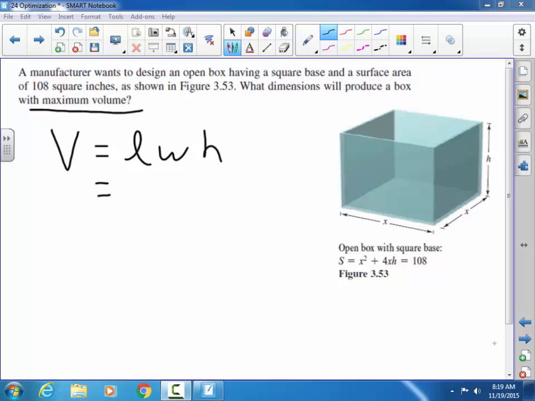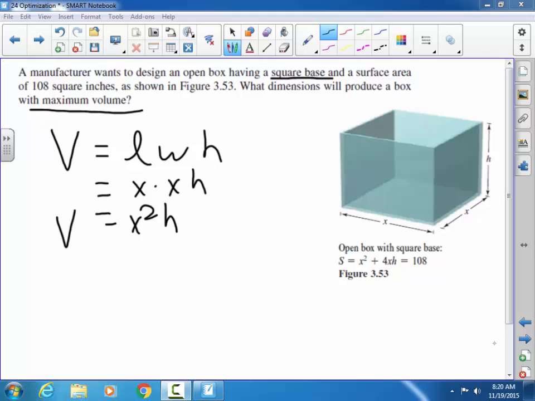So, anything we can do to get that down to less variables? X squared h. Yes, because the box has a square base, the length and width are both the same, so we can get it down to x squared h just from information in the problem.